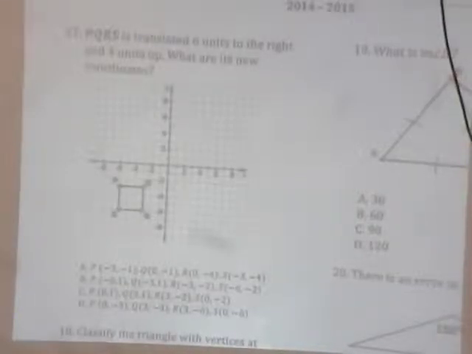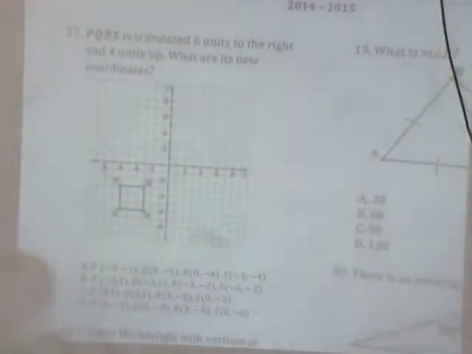Quadrilateral PQRS is translated 6 units to the right and 4 units up. What are its new coordinates? All right, so each point is going to go 6 units to the right and 4 units up. So let's do Q first. 6 to the right, and then 4 up. So that would be Q prime after the move.